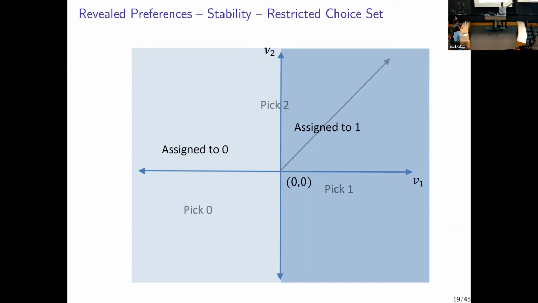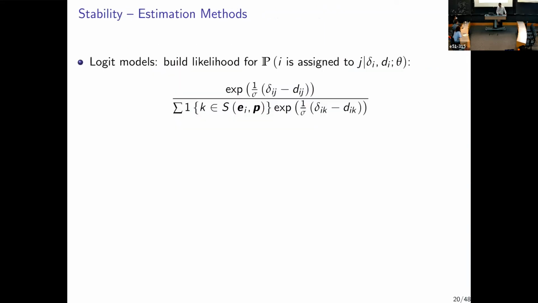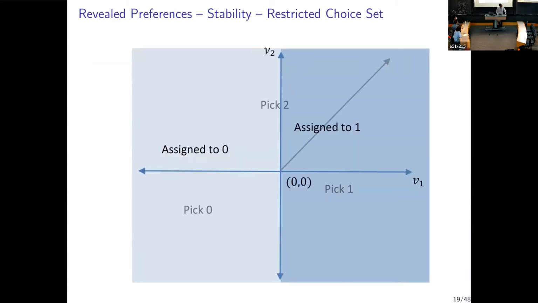And if the student was allocated to school one, we can only infer that this student prefers school one to the outside option. We can make no inference about school two because this agent didn't have school two in the choice set.